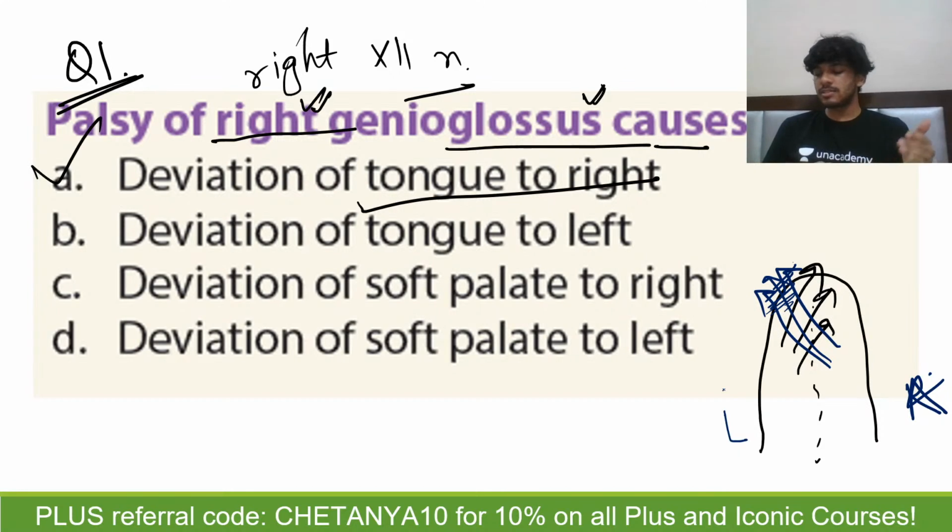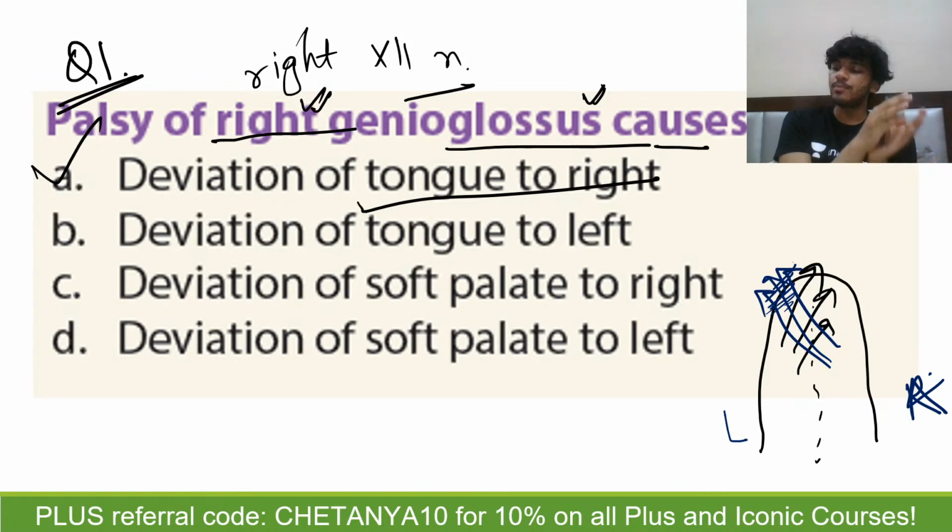So the left side genioglossus will push it towards the right side, and this is a very specific case. Otherwise, what happens usually when there is a muscular defect is that the fibers of the opposite side pull it towards itself and the deviation is towards the normal side.